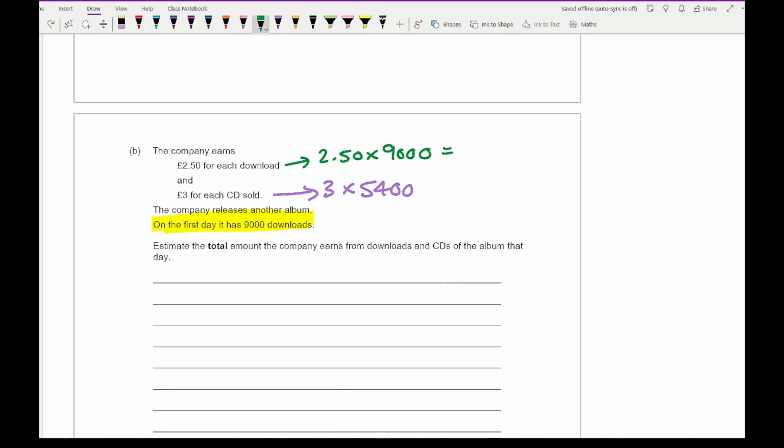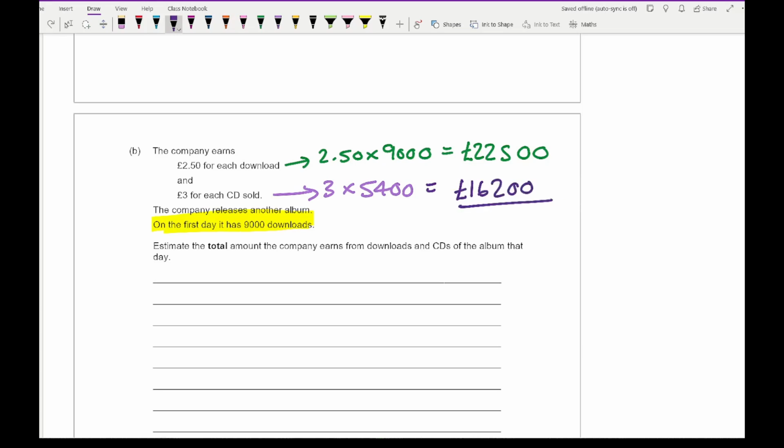Let me just type that into my calculator. So we've got 9,000 multiplied by £2.50, and that gives me a value of 22,500, and then £3 multiplied by 5,400, and we get an answer of 16,200.